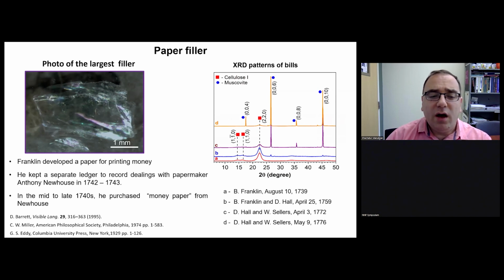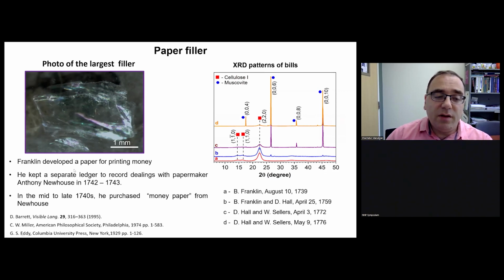Now there is no direct evidence that Franklin worked on making paper by himself, but there is a lot of historic literature which speculates that Franklin was involved with a printer, Anthony Newhouse, to develop a specific paper used for printing money.